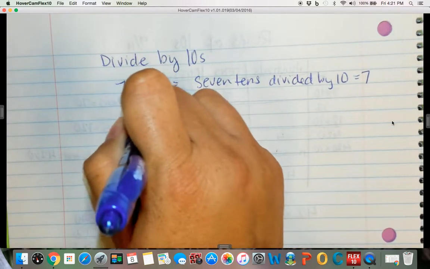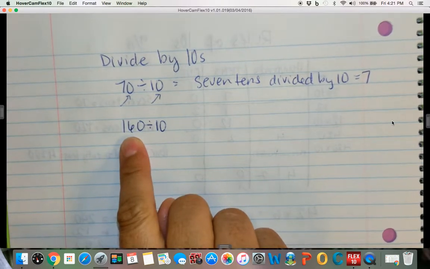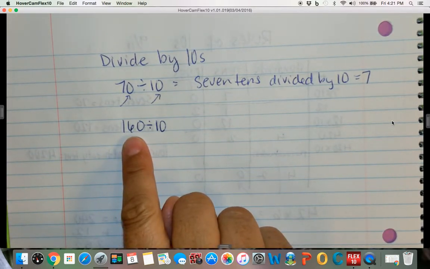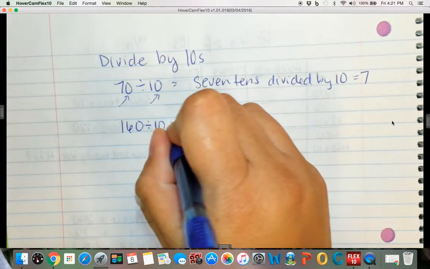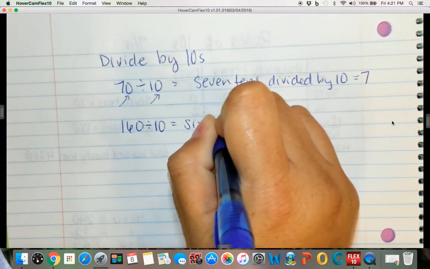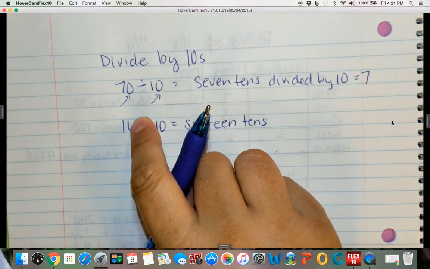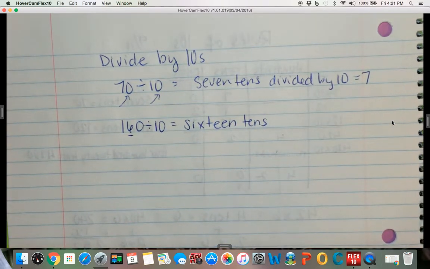I have 160 divided by 10. 160 is still saying what? How many tens? How many tens is 160? 16 tens. 16 tens.